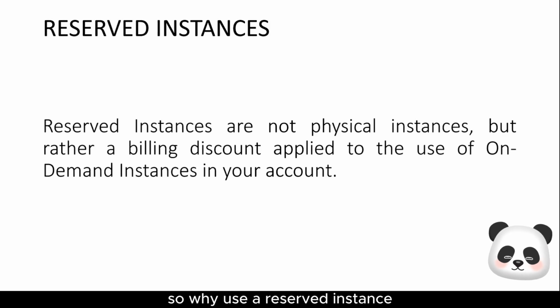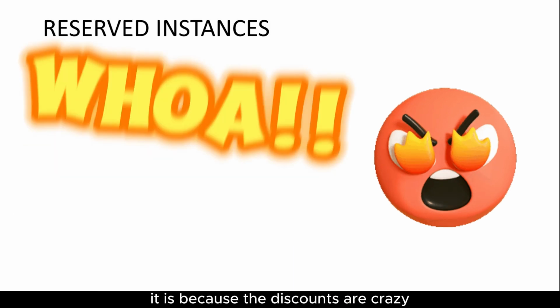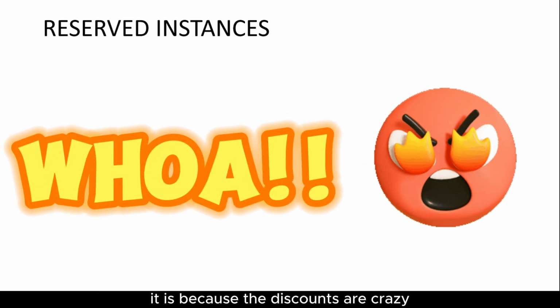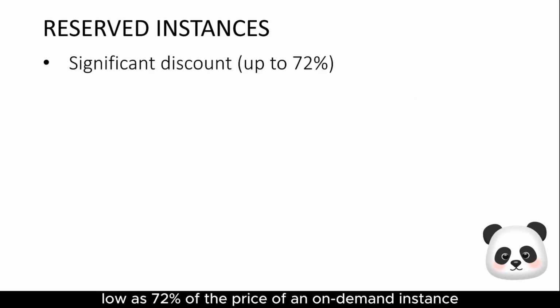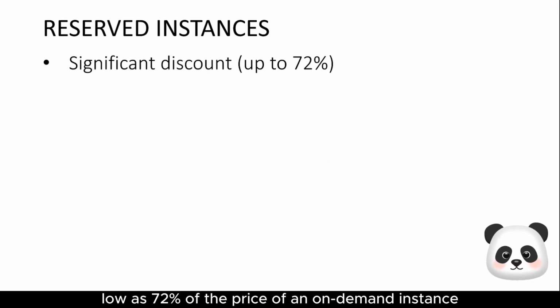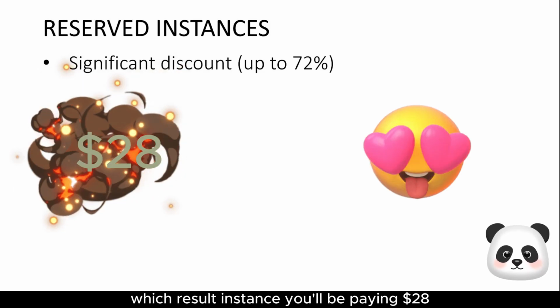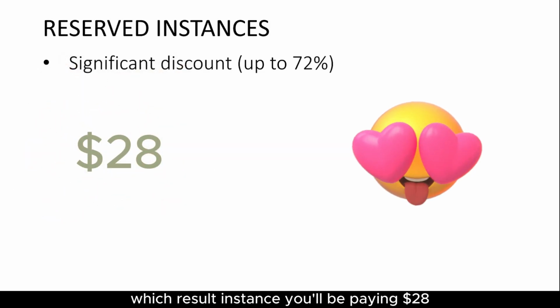So why use a reserved instance if you'll be charged even when you're not using it? It is because the discounts are crazy. It can even go as low as 72% of the price of an on-demand instance. That is, if you were to pay $100 for an instance, with a reserved instance, you will be paying $28.